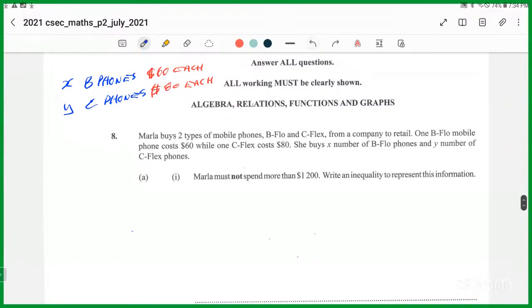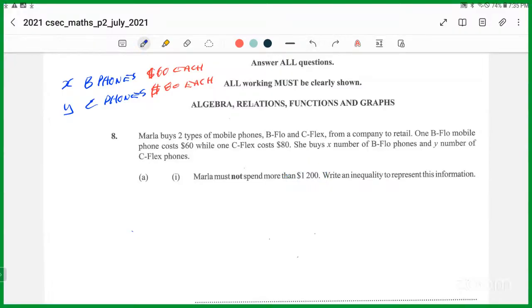So the money she's spending on the B phones is 60 times X. Plus, she's buying the C phones, Y of them. And she's spending $80 for the C phones. So the total money she's spending on the C phones is 80 times Y. So, overall, she's spending $60X for the B phones and $80Y for the C phones. That's the total. So that total spent can't pass $1,200.